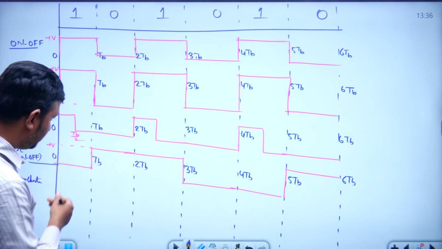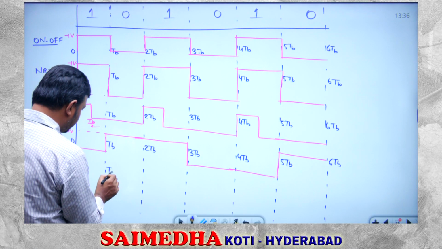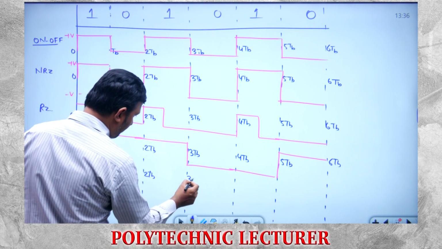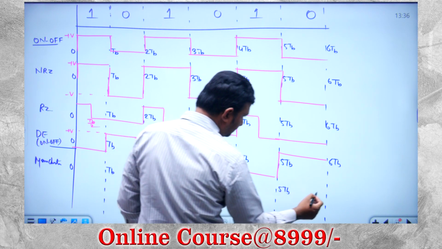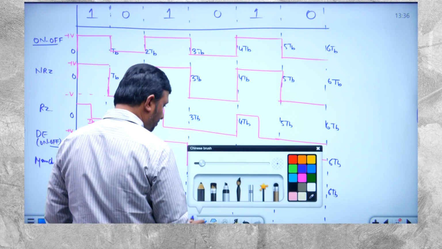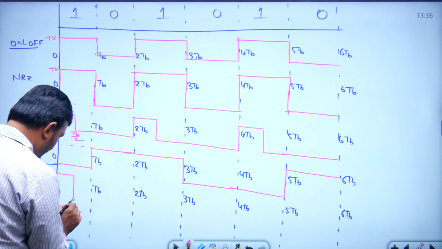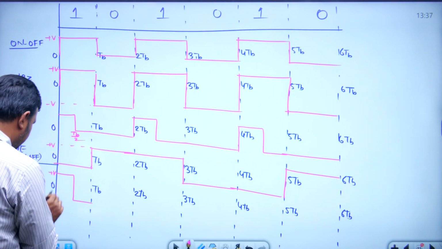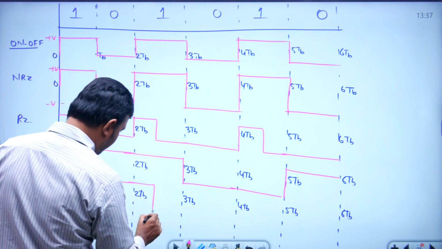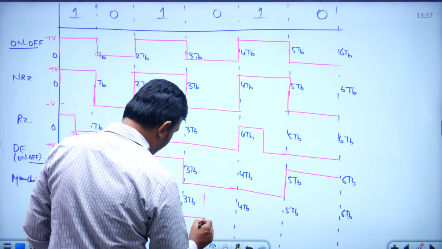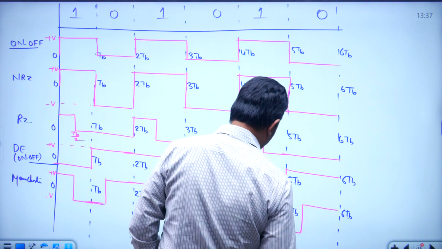Now the next scheme, Manchester or split phase. 1 means this kind of rectangular pulse, 0 means this one, again 1 means this one, 0 means this one, 1 means this one, 0 means this one.